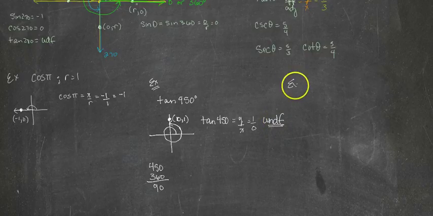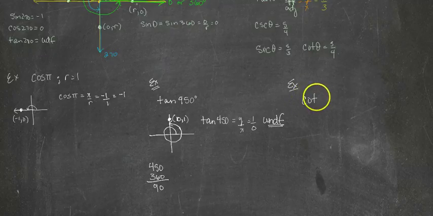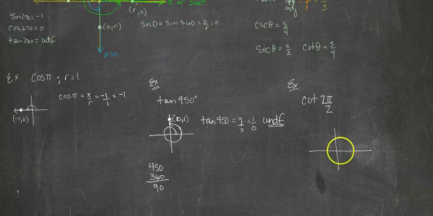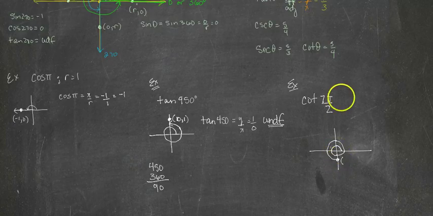One last one. Let's find the cotangent of 7 pi over 2. So again, where are we? Well, I know pi over 2 is 90 degrees. So if I want 7 pi over 2, I'm going to do 1, 2, 3, 4, 5, 6, 7. I end up here on the negative y-axis. If radius equals 1, where am I?